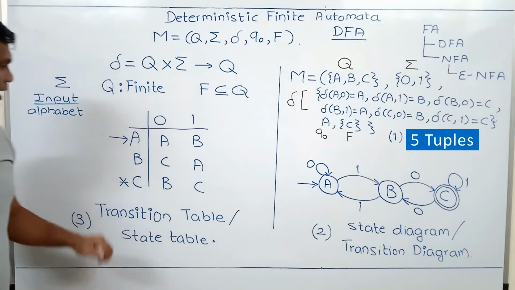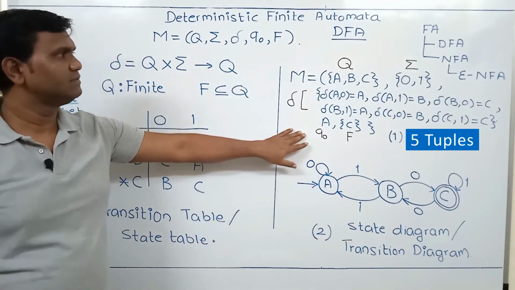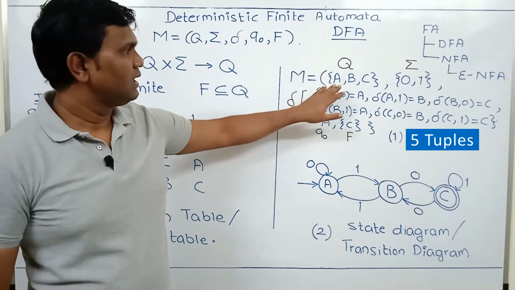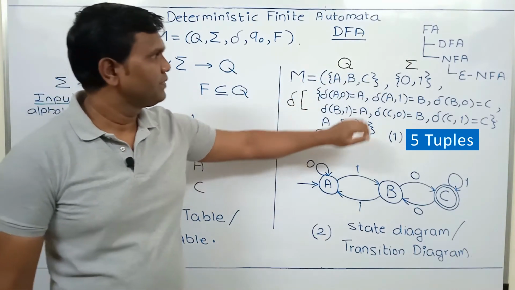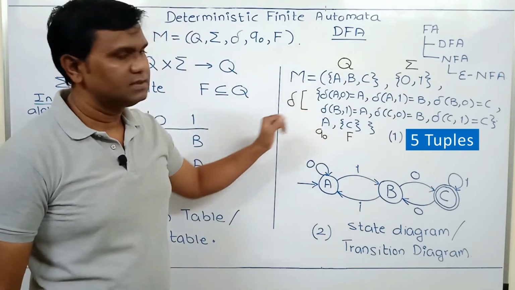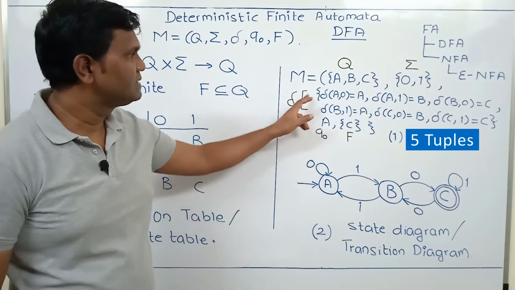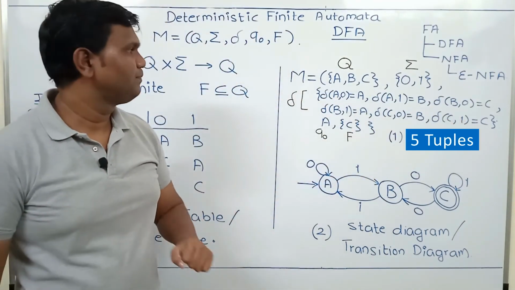Now let's take a look at three different representations. This is the 5-tuple representation. Q is A, B and C. There are three states in the DFA. Input alphabet contains 0 and 1. These are the transitions. This is the set of transitions or transition function.